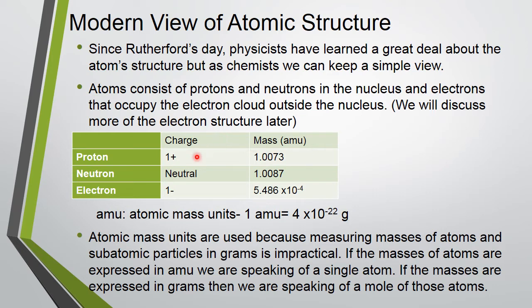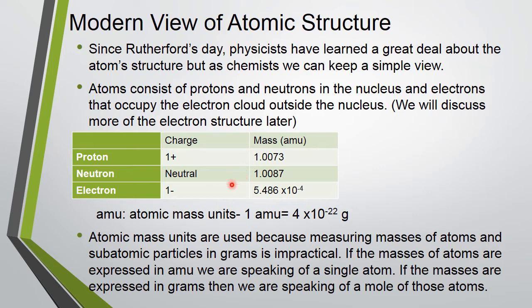Alright, so this table breaks down a couple pieces of information. Our protons have a positive charge and it shows their mass, 1.0073, and we have neutrons, which are neutral, also in the nucleus, and they have a slightly bigger mass than protons, but not really much to make a big deal over.